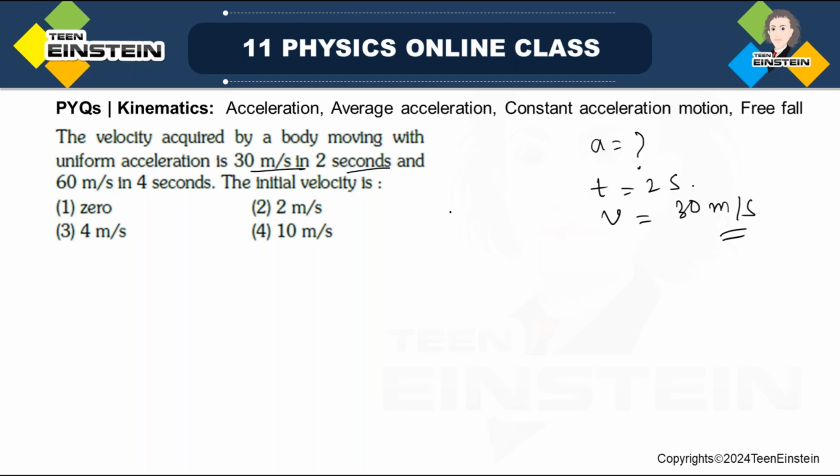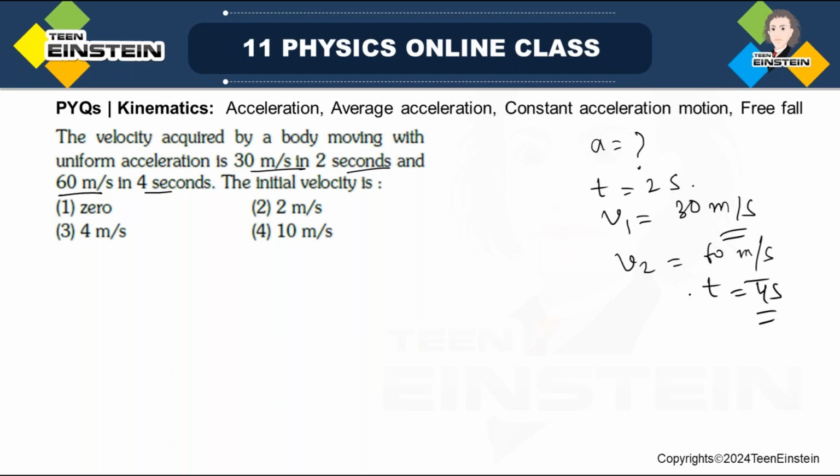The velocity acquired in 4 seconds is also given. This is v1, say this is v2, which is 60 meter per second, and the time it takes is 4 seconds.